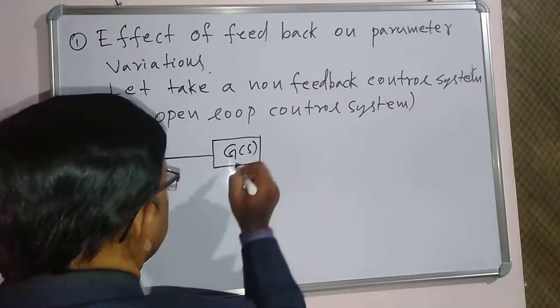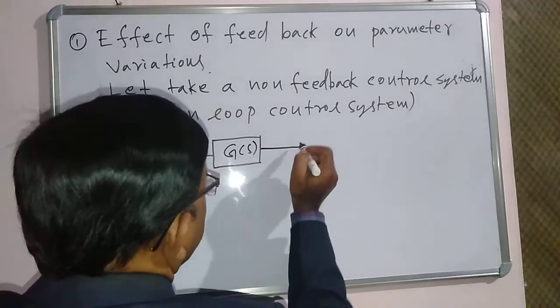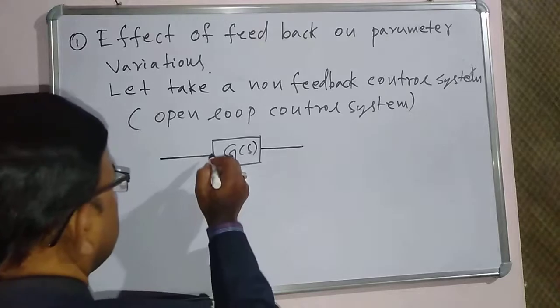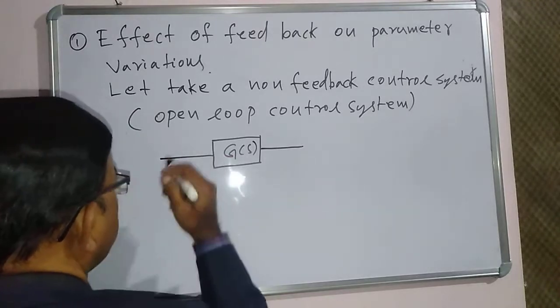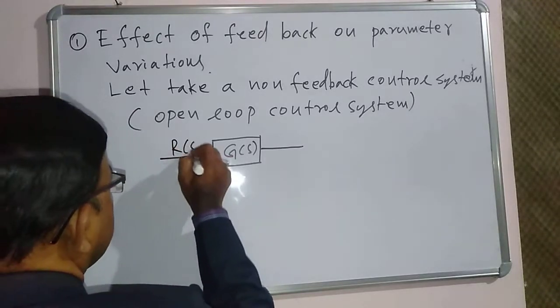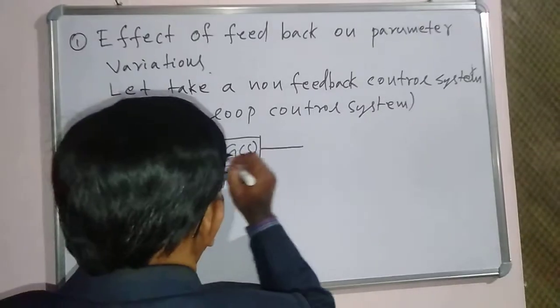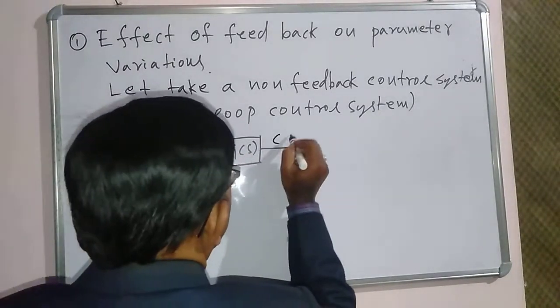This is called the open loop transfer function G(s), or forward path transfer function, and this is the input and this is the output.